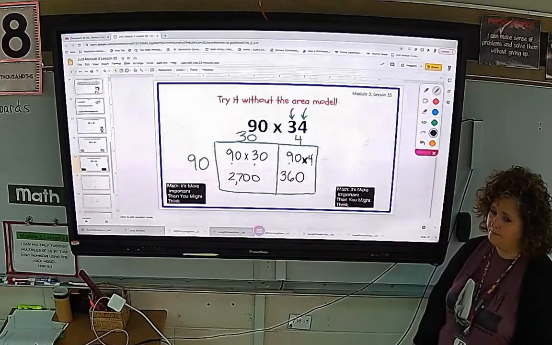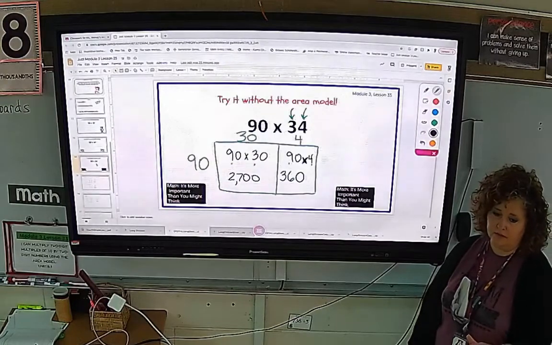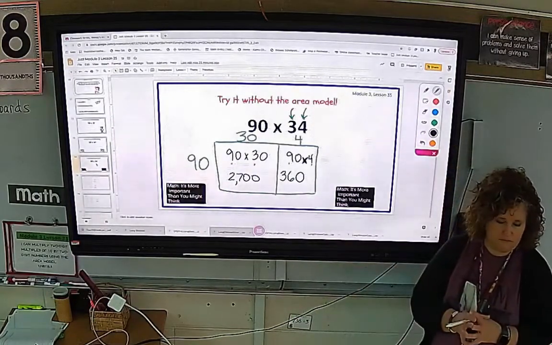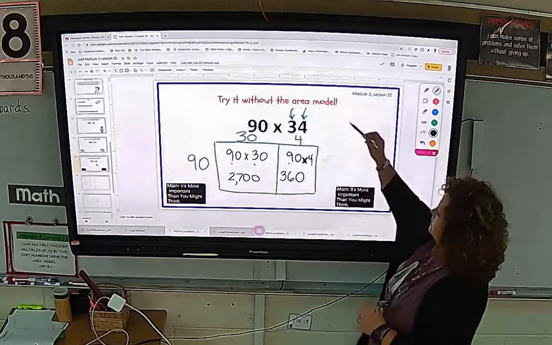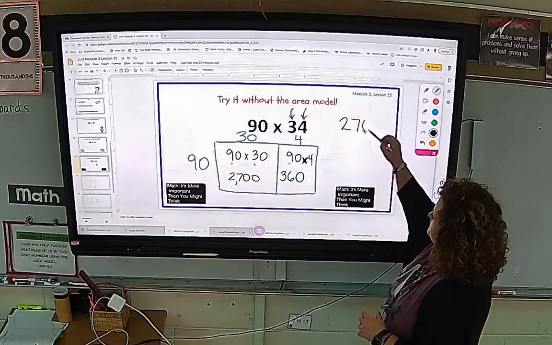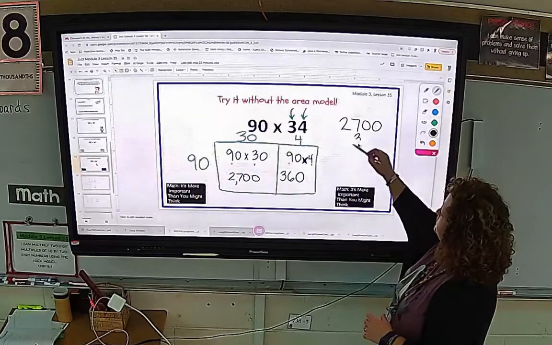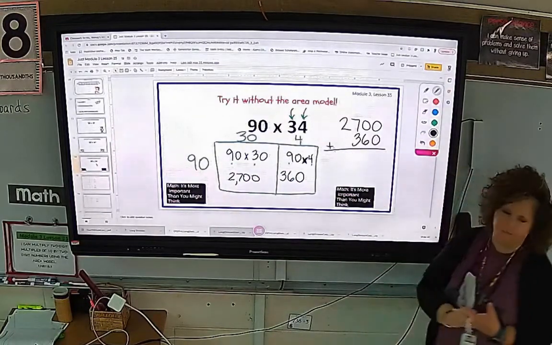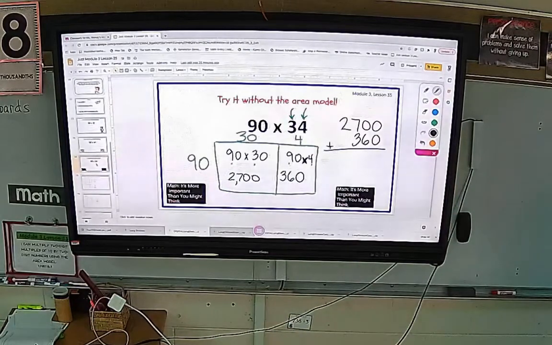Not multiply. Even simpler than that. I've got my 2 pieces. I just need to add them together. 2,700 plus 360. Okay.